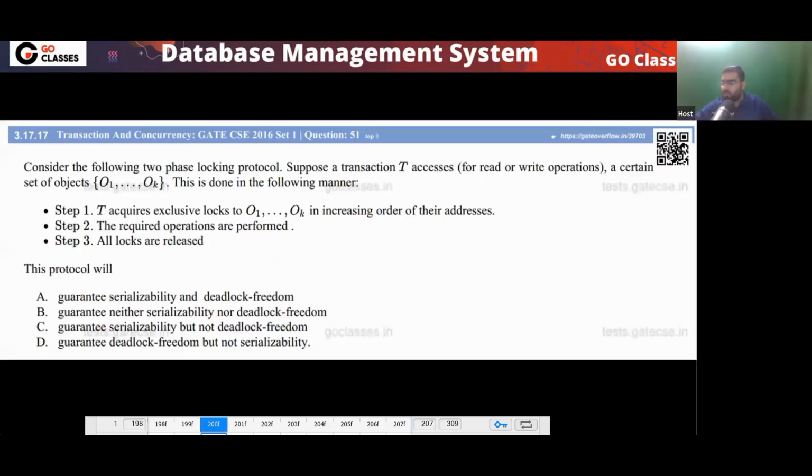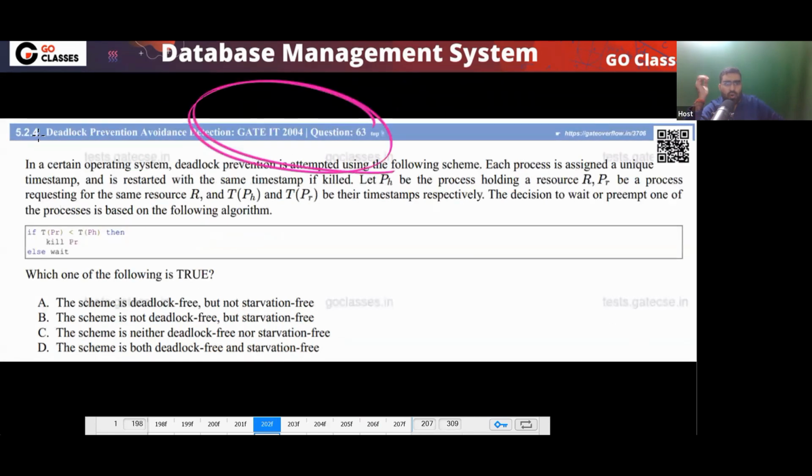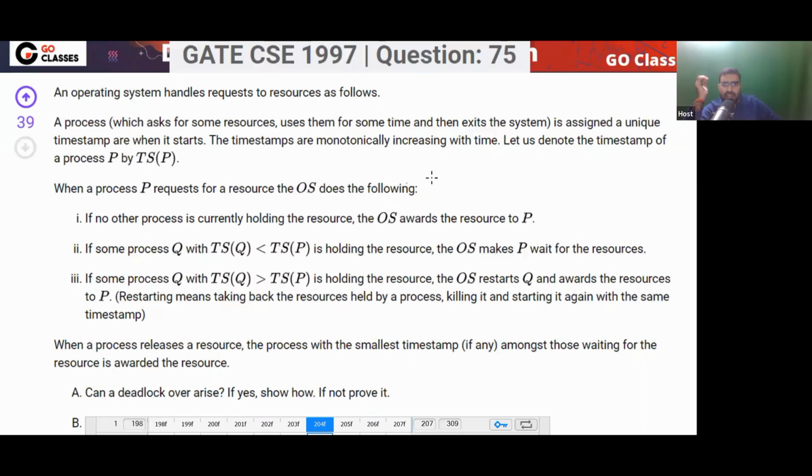So now we only have the GATE questions to do. Can I give you these questions as homework? See, there are many GATE questions on this topic. Like you can see, this is a GATE 2016 question, this is a GATE 2004 question. All these questions are on the same topic.